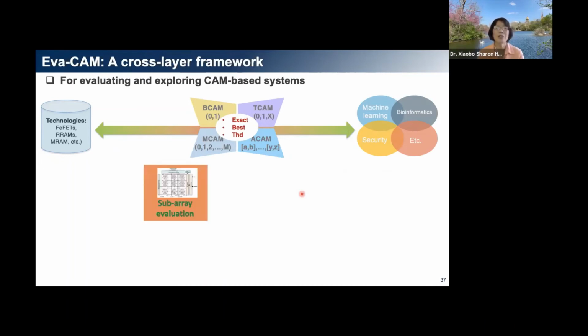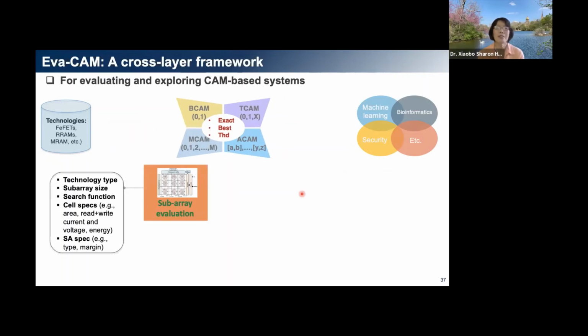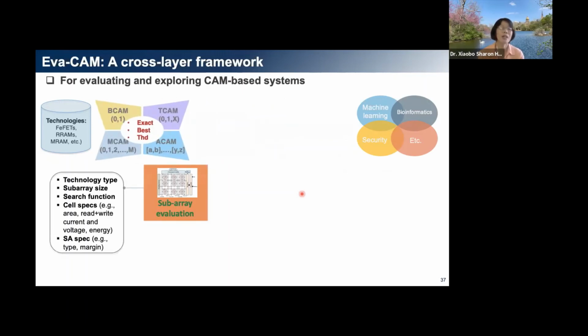It starts with the subarray evaluation, which takes input cells and other information. I'm not going to go into the details due to time. It takes device-level and cell-level information and extracts the subarray-level evaluation. Then that gets fed into the array-level evaluation, which covers the bigger, multiple CAM arrays.